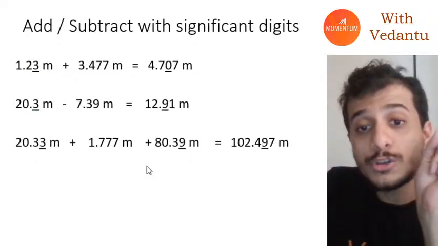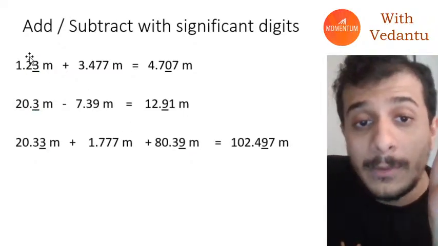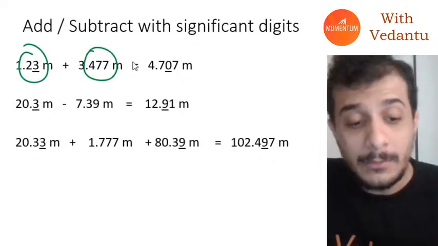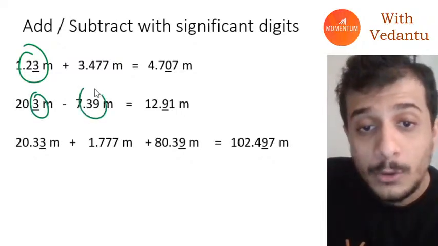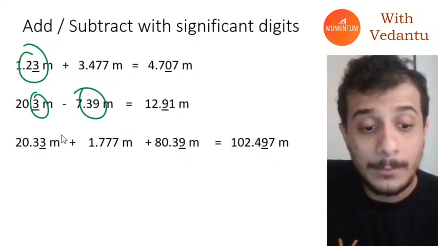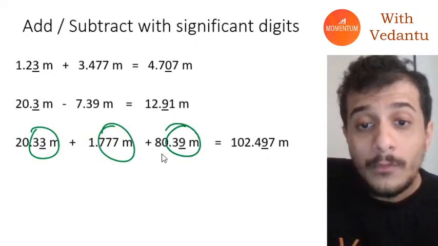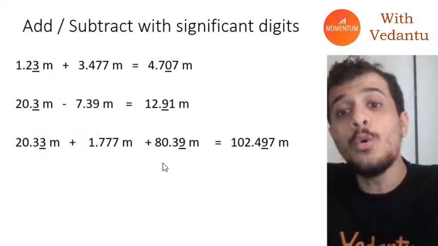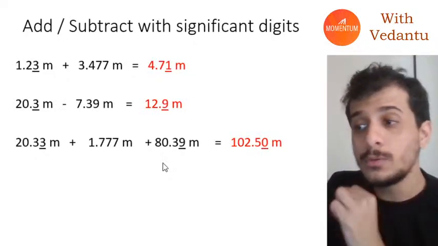The final answer should only have the least number of decimal places. Between 2 and 3, the final answer can only have 2 decimal places. Between 1 and 2, the final answer can only have 1 decimal place. Between 2, 3 and 2, the final answer can only have 2 decimal places.